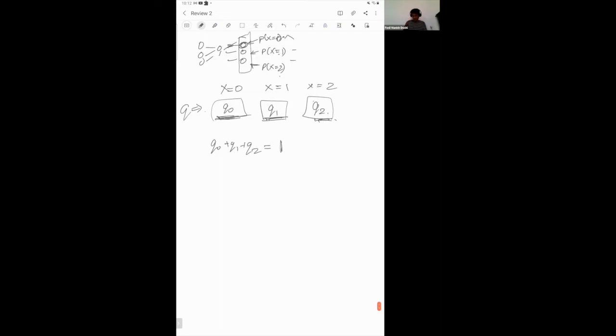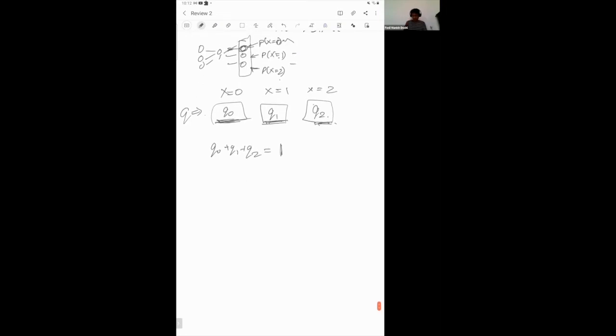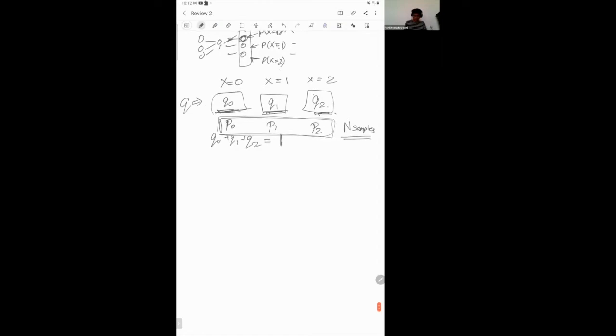And the data that you would be provided would be just some samples. So for each class, let's say the true distribution comes from P0, P1, and P2, and you are provided n samples of data. So when x is equal to 0, the likelihood would be Q of 0 raised to n times P of 0.